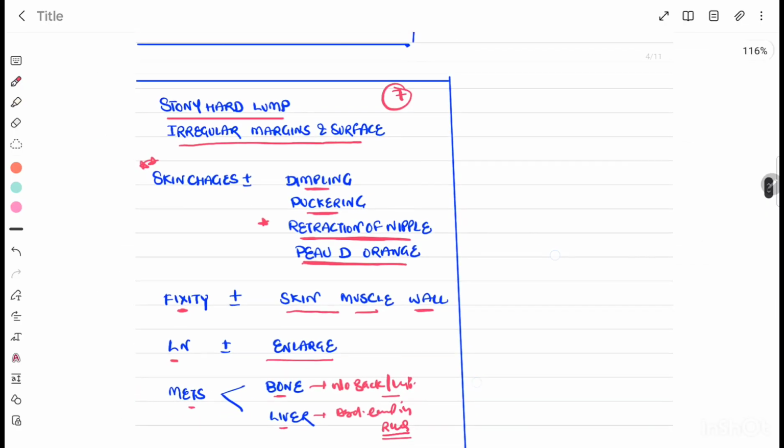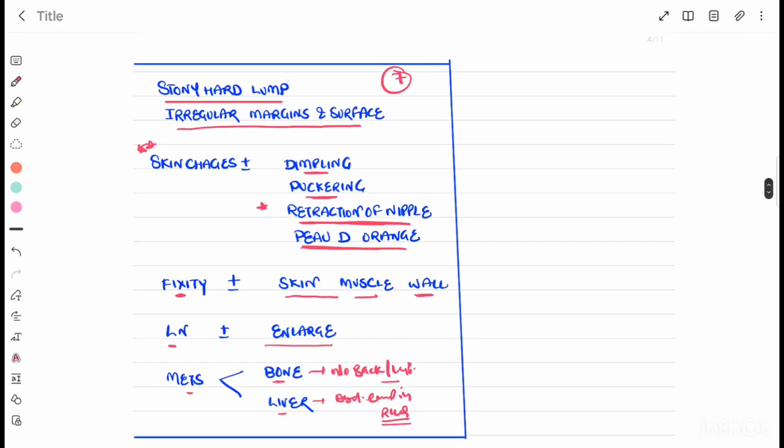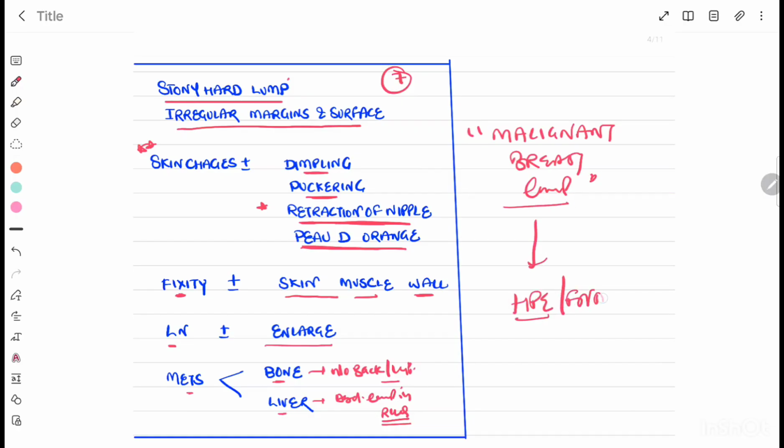So these are the symptoms: stony hard lump with irregular margins with skin changes and these features, lymph nodes and mets. Then this can be a malignant breast lump which can be confirmed on histopathological examination or FNAC or true cut biopsy.